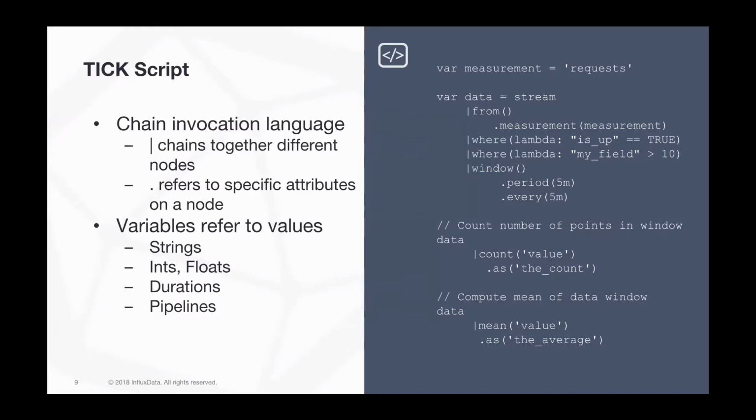That's what I was talking about with the dot, which refers to specific attributes on a node. The chaining method creates a new child node and returns a reference to it, and that uses the pipe. On the right-hand side here, you can see an example of a TICKscript.